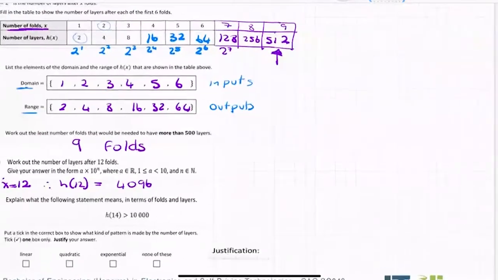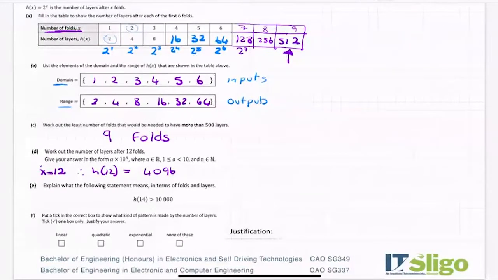Okay, so how do I do 4096? Well, where am I going to insert the decimal point in this? Let me just change to a light color. The decimal point always sits after a number. So that number in scientific notation is 4.096.